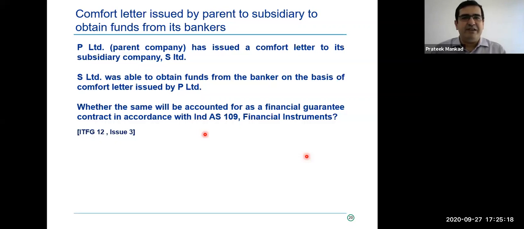S Limited was able to obtain funds from the banker on the basis of the comfort letter. Whether the same will be accounted for as a financial guarantee in accordance with Ind AS 109. Very common question, very common situation. I am sure we would have seen a lot of this.